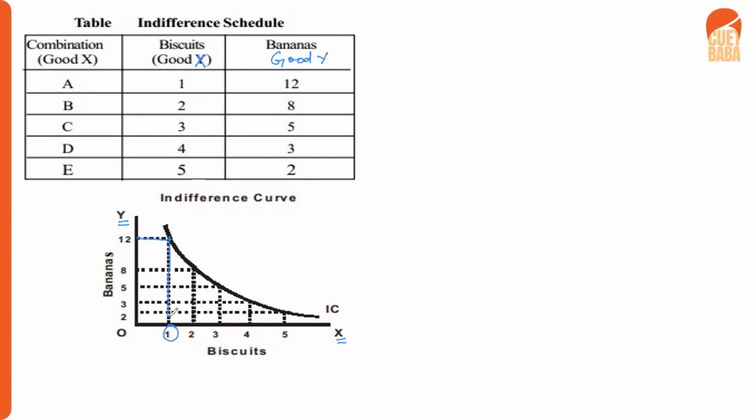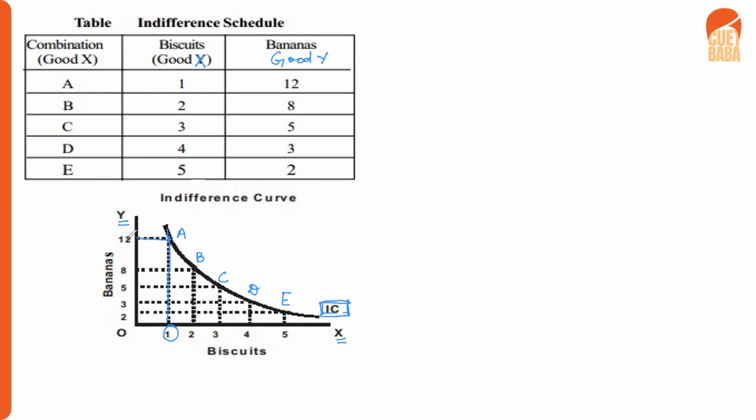This would be point A. Based on that, we can measure all the points A, B, C, D, and E, and the locus of all these points is known as the IC curve. We'll be looking at all these combinations.